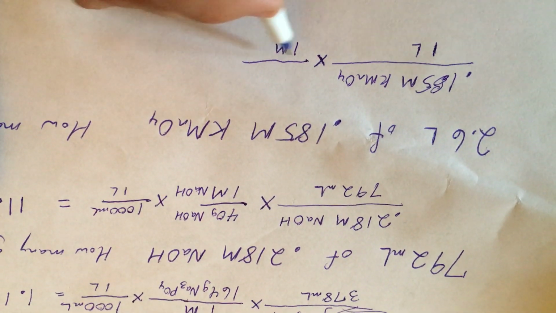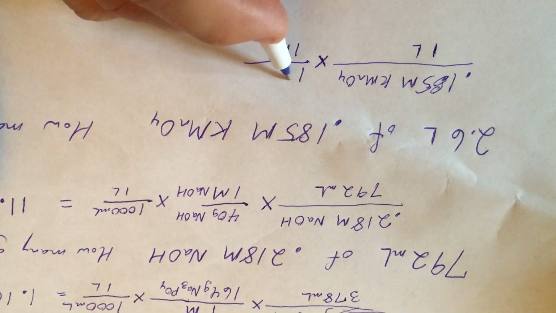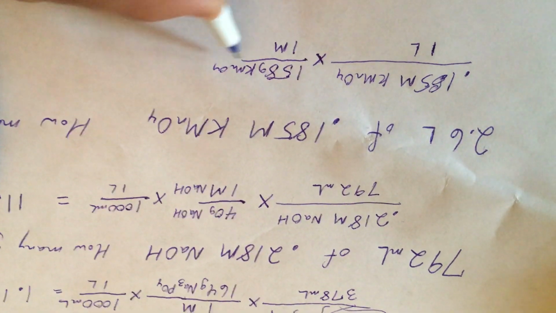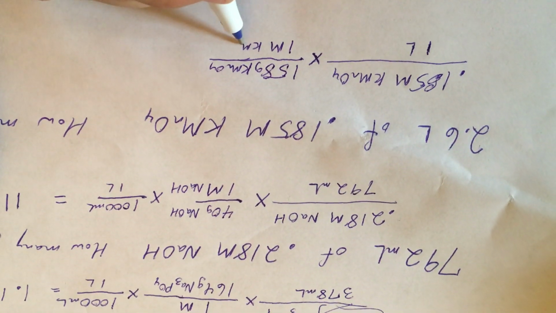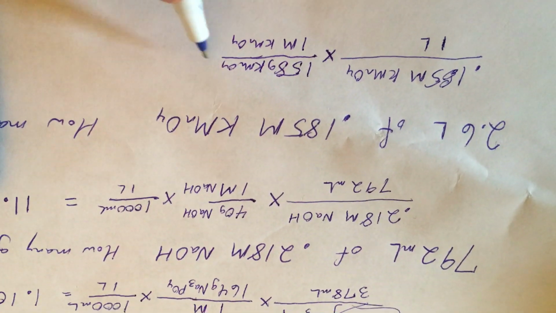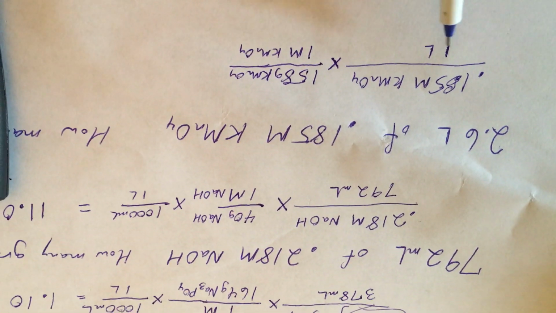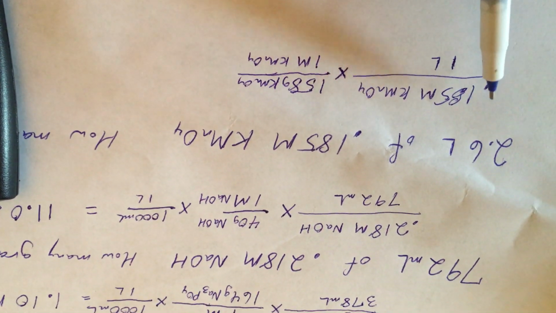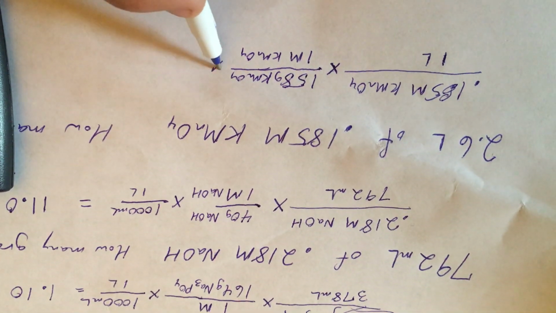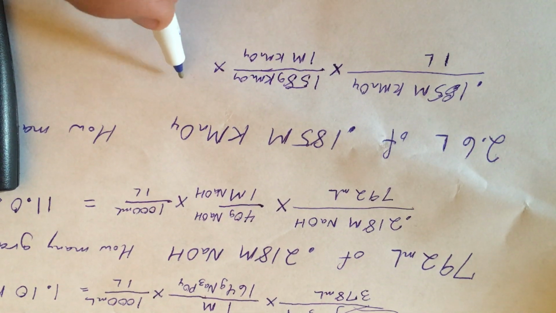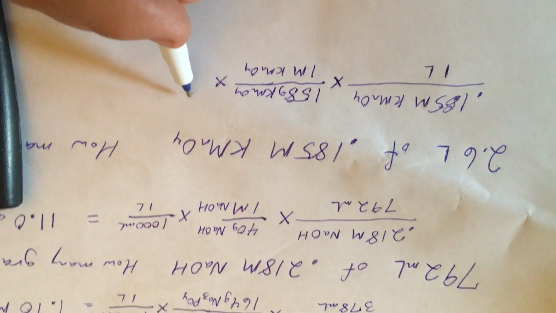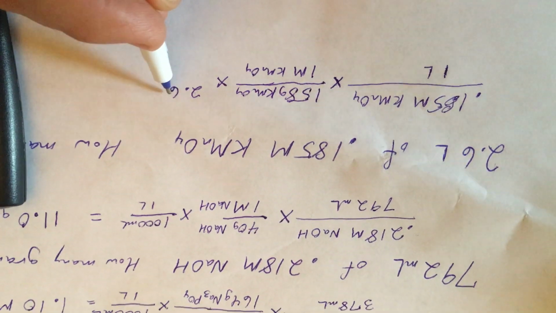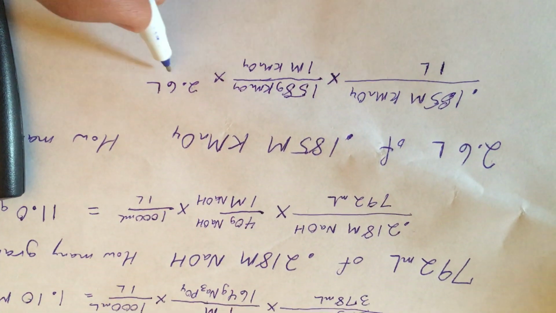So 1 mole of this potassium permanganate is 158 grams of KMnO4. Now, we don't just want to make a liter, we want to make 2.6 liters. So I would need to multiply that by 2.6. 2.6 liters is my ultimate goal there.